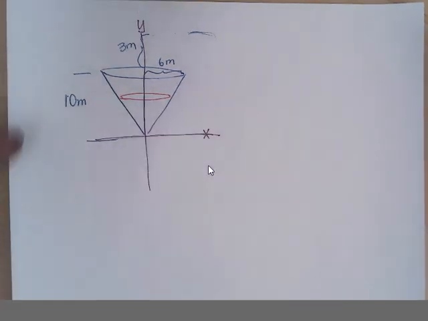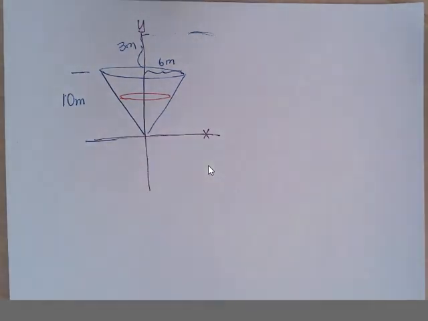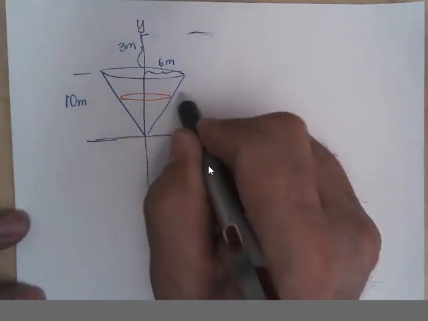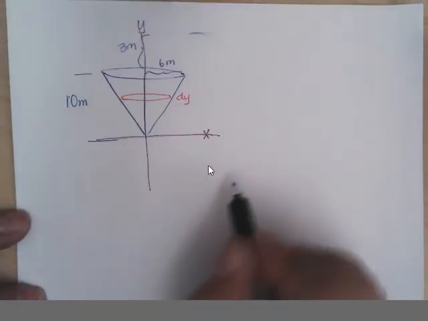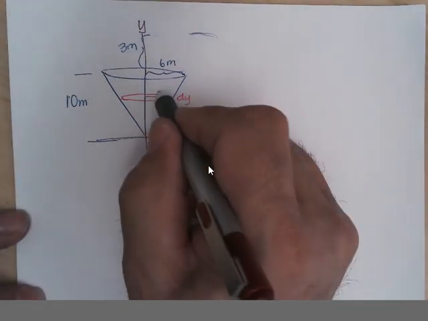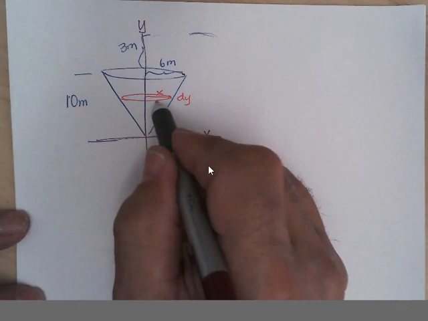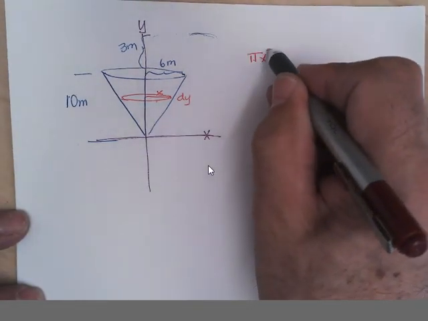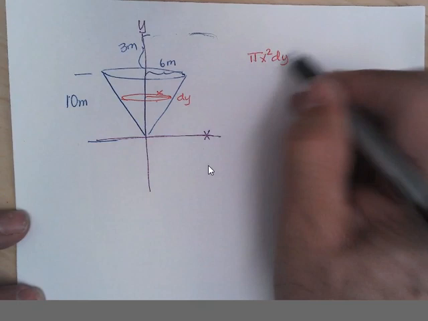Since this is a cone, it'll be a disc again. And the thickness of the disc will be a dy. And this will be the radius, which is in the x direction, so it's x. So the volume of this disc is pi x squared dy.